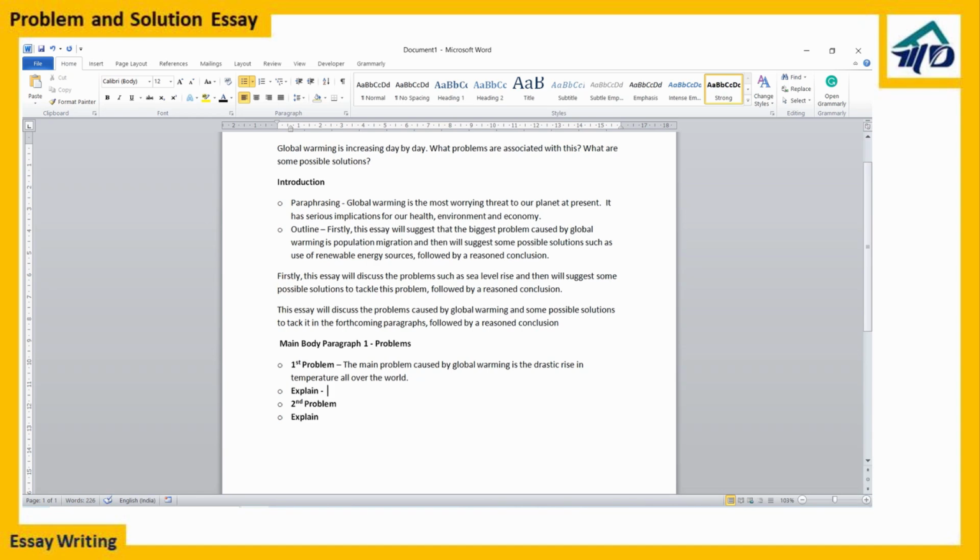I will discuss the reason. Gases such as carbon dioxide trap heat from the sun within the earth's atmosphere, and this causes global temperature to rise.